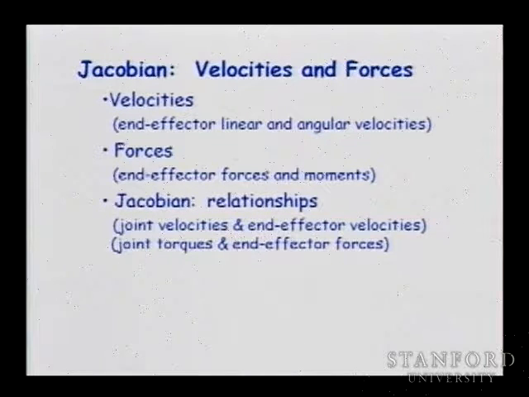And we will examine the different velocities, linear velocities and angular velocities, with which we will see a duality with the relationships between torques applied at the joints and forces resulting at the end effector. Forces are associated with linear motion, moments or torques with angular motion.